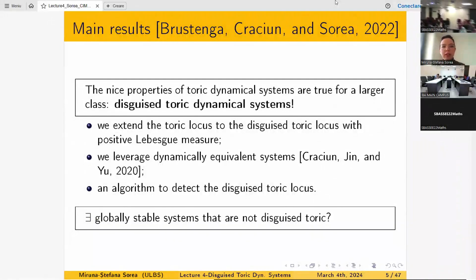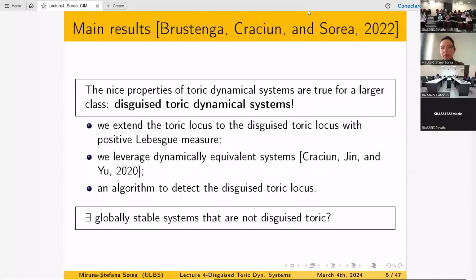What is very important is that the disguised toric locus has the same nice properties as the toric locus, in the sense that the dynamical systems that come from the disguised toric locus will be again locally stable and very nice on the long term. But the advantage is that the disguised toric locus is of positive Lebesgue measure. So this is the benefit.